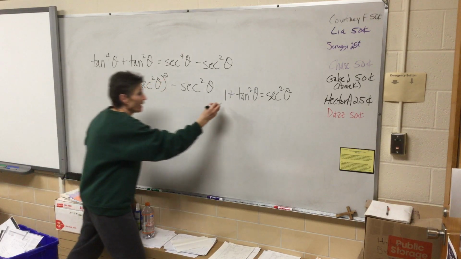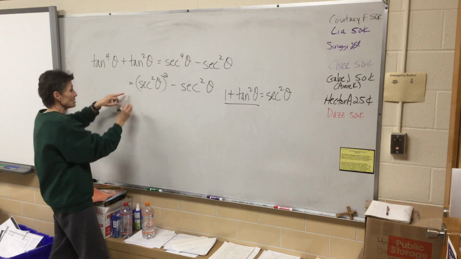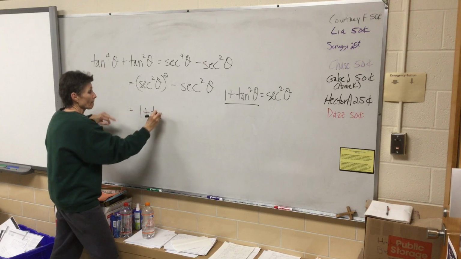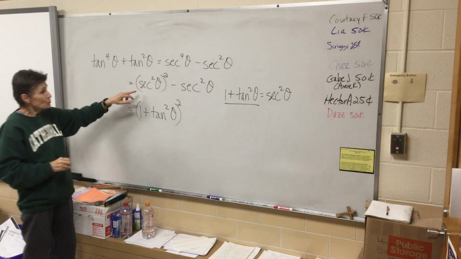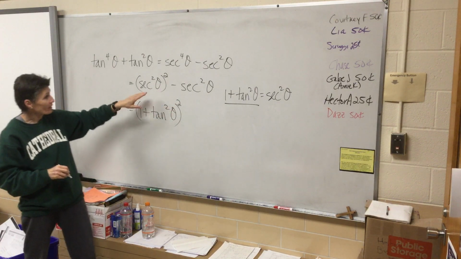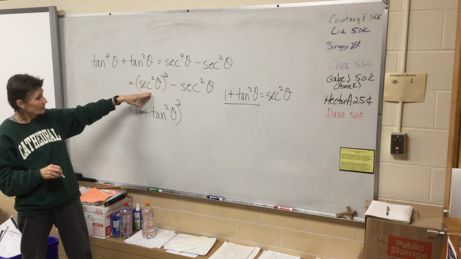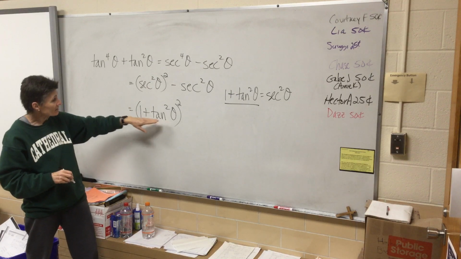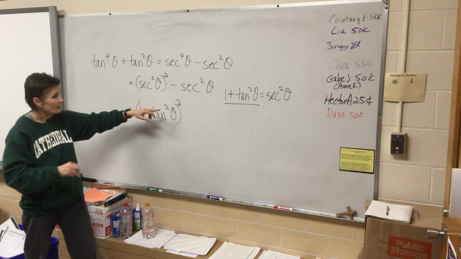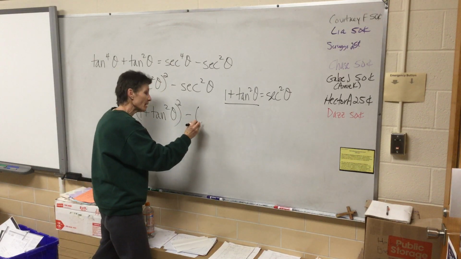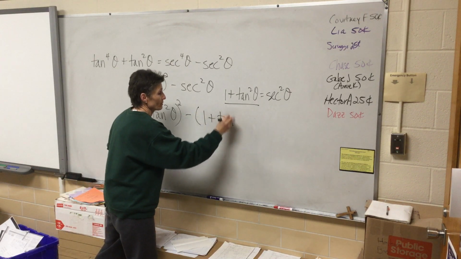And then I can substitute 1 plus tangent squared in for the secant squared. So now I have 1 plus tangent squared, squared, minus another 1 plus tangent squared.